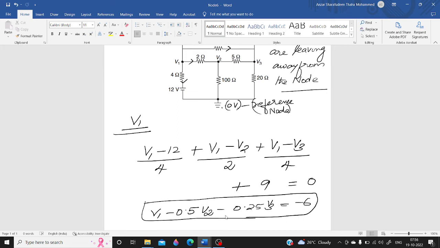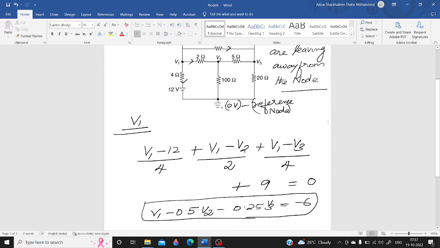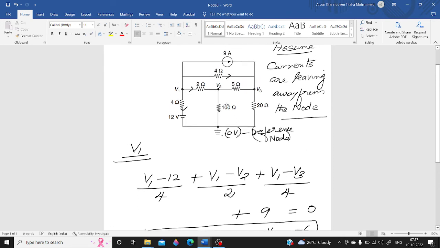Your only job is to write the node equation following the basic principle. The rest is mathematics; simple linear algebra will suffice to solve this problem. I hope this node equation is clear.